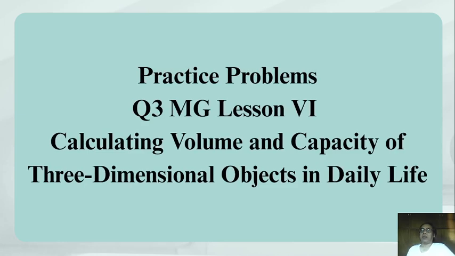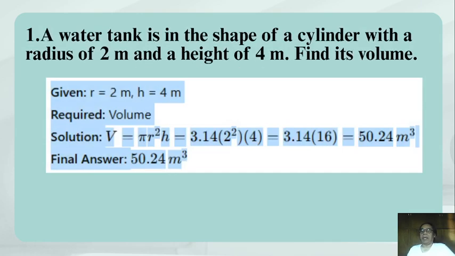Practice problems for our Quarter 3 Measurement and Geometry Lesson Roman numeral number 6, Calculating Volume and Capacity of Three-Dimensional Objects in Daily Life. Practice problem number 1.